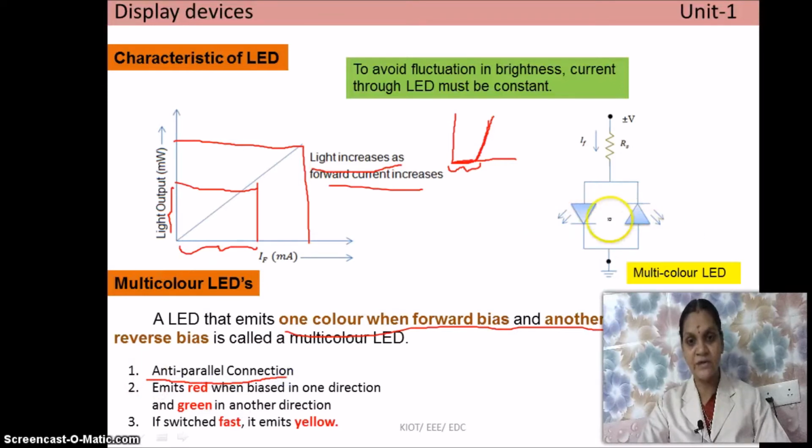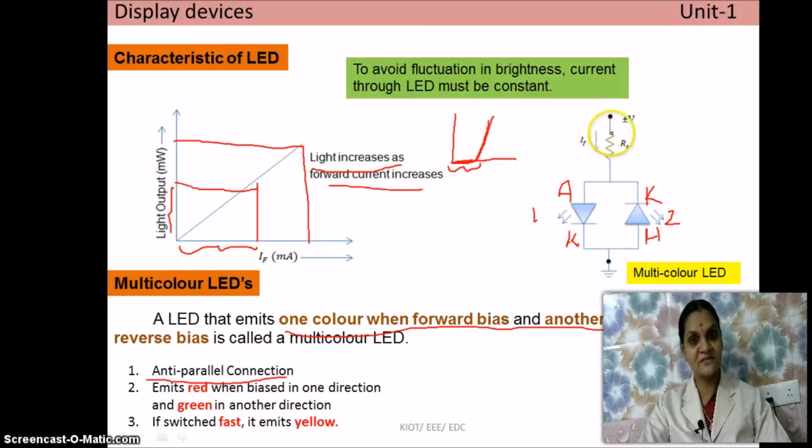See here, two LEDs are there. This is the cathode terminal and this is the anode terminal of this LED, and this is the cathode terminal and anode terminal of this LED. So the anode of LED 1, this is LED 1 and this is LED 2, is connected to the cathode of LED 2. Similarly, the cathode of LED 1 is connected to the anode of LED 2. So this is done internally.